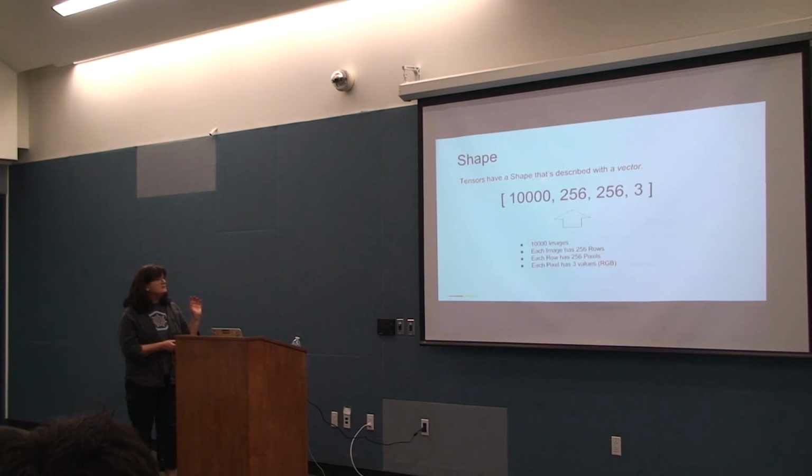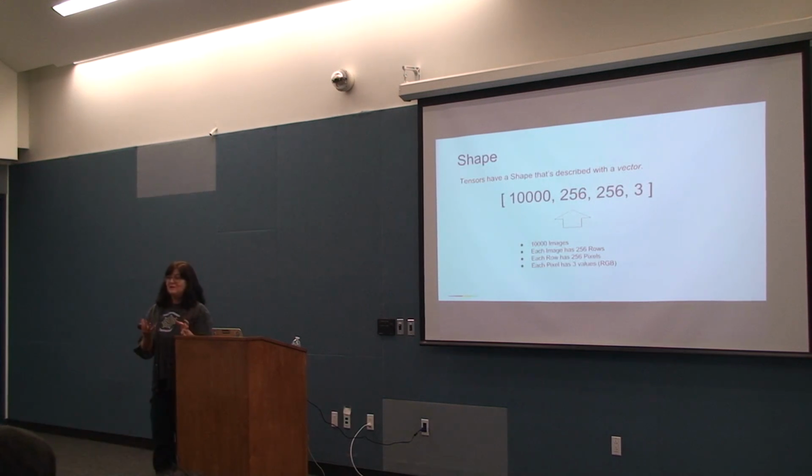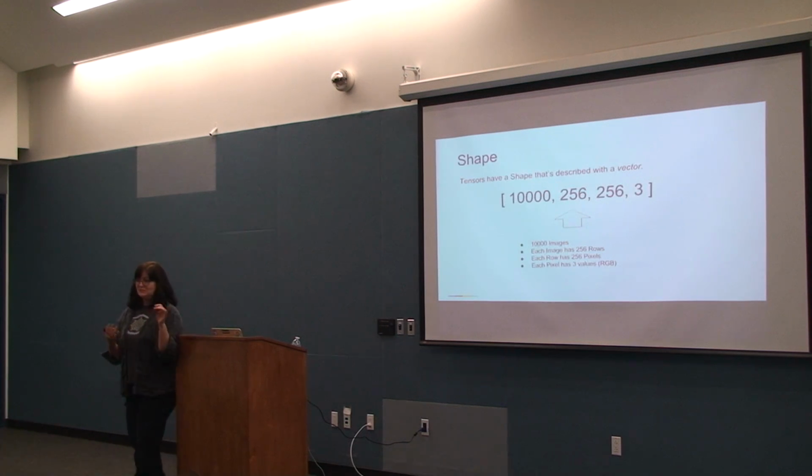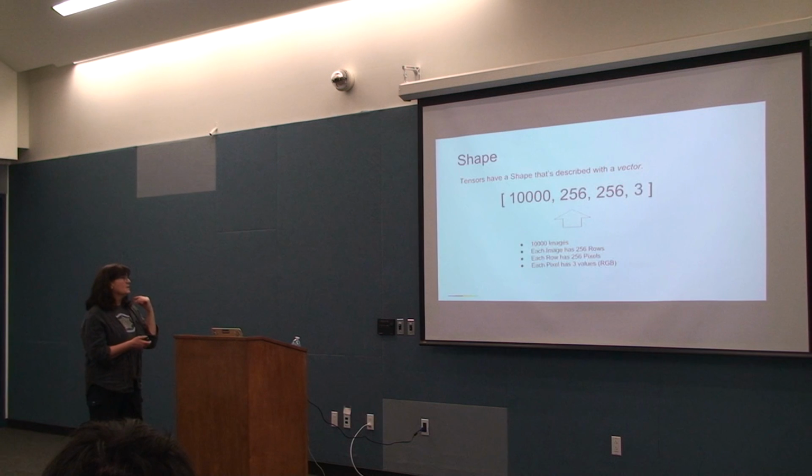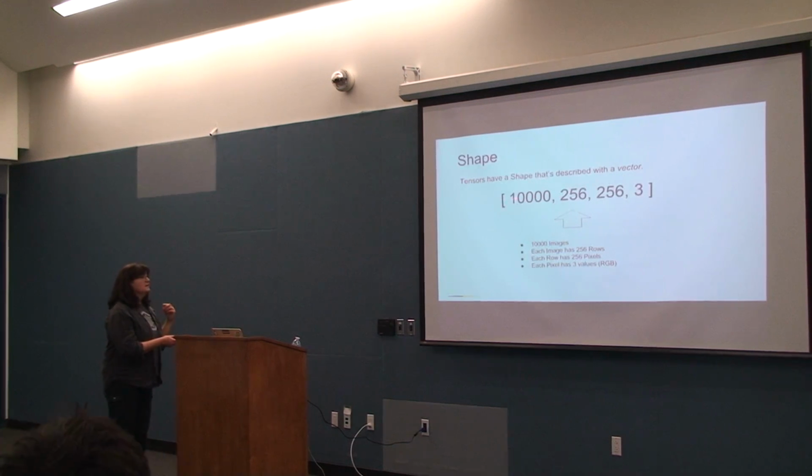If we take a step back and think about a much smaller dimensional matrix, like you probably all learned in linear algebra in school, you're working with 2x3 matrices or something like that. So 2, 3, that's the shape of the matrix. And something like this means a matrix that's 10,000 by 256 by 256 by 3. So, tensor shape.